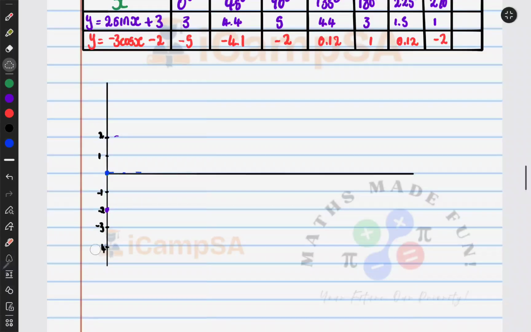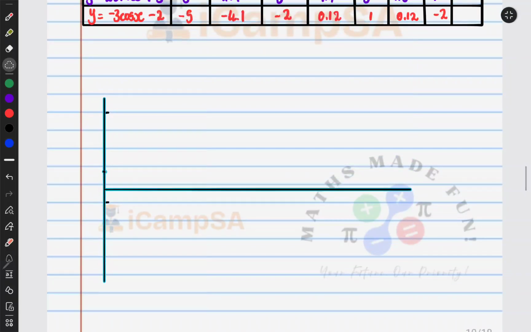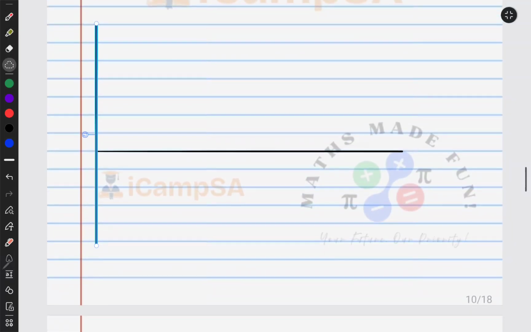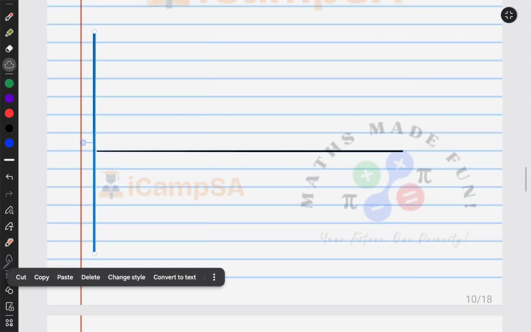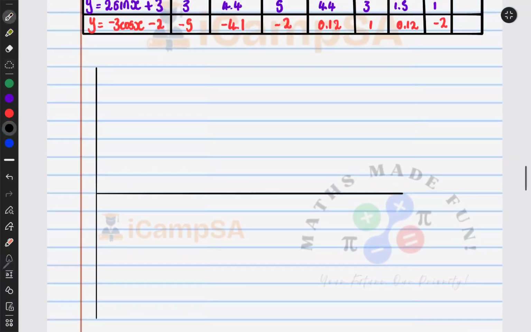Let's start everything afresh. Okay, let's bring it a little bit lower. Okay, I want to stretch it again. Okay, and then let's calibrate it.